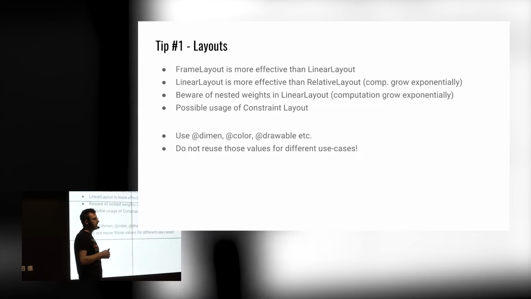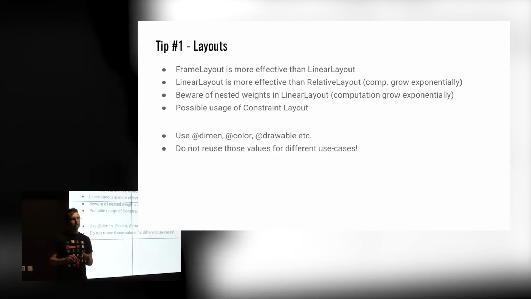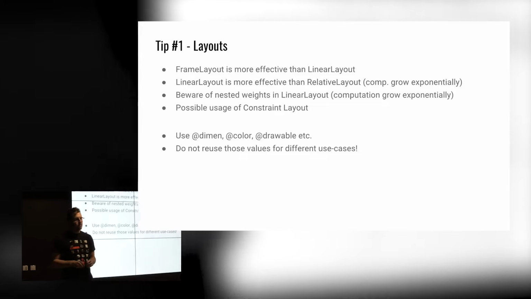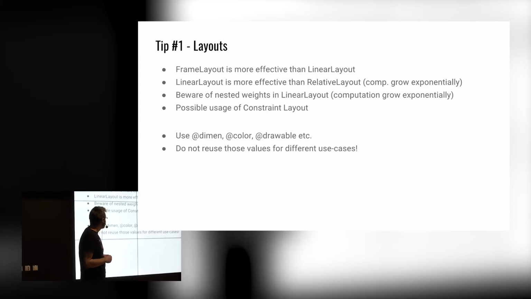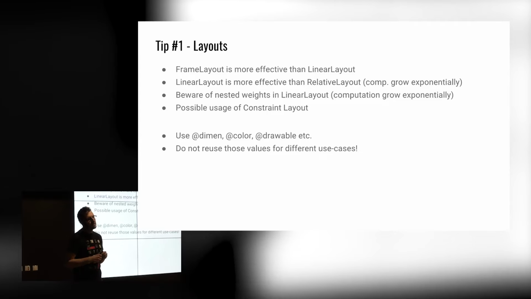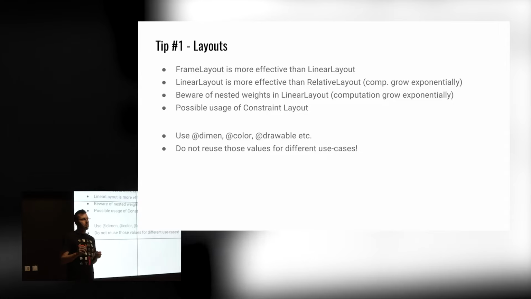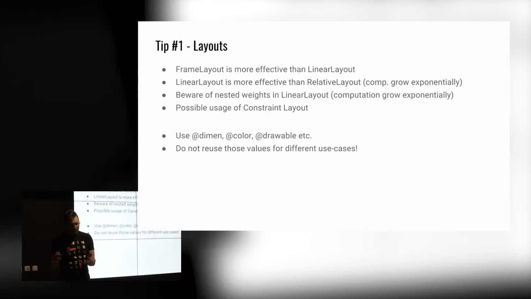You should specify all heights, widths, and all sizes in dimen files or colors in a color file, and then use them with a reference. And why would you do that? Because when you then want to change some color or something for some context, you only need to change it in one place.